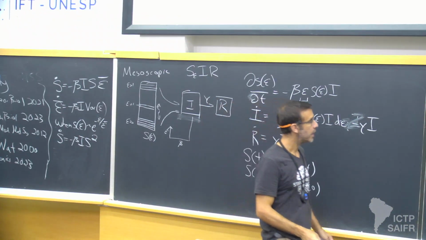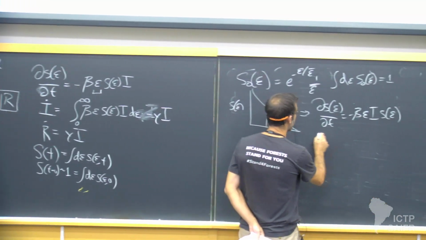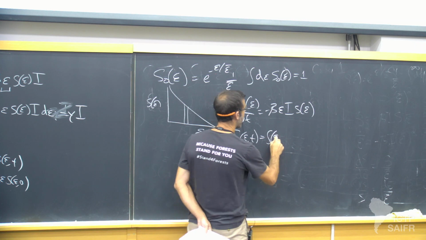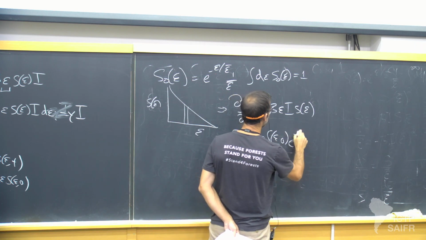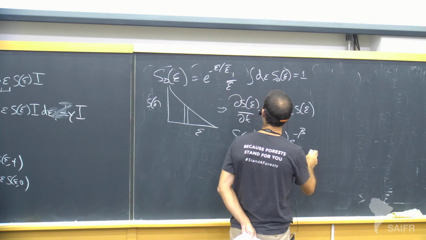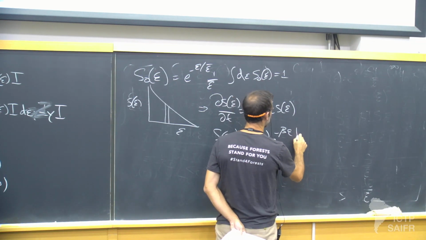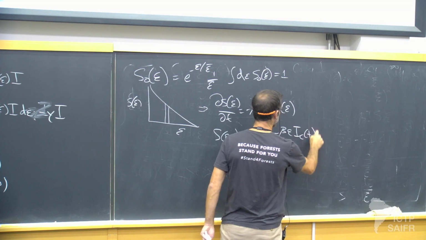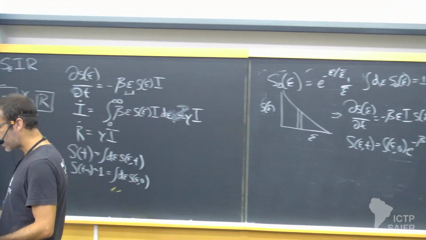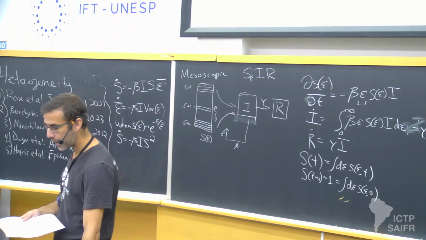So we've already done this and said that S of epsilon comma time should be S of epsilon comma 0 e to the minus beta epsilon, this I cumulative with respect to time, right? This cumulative pressure. So we've already did that, and that was the first thing I did at the beginning.